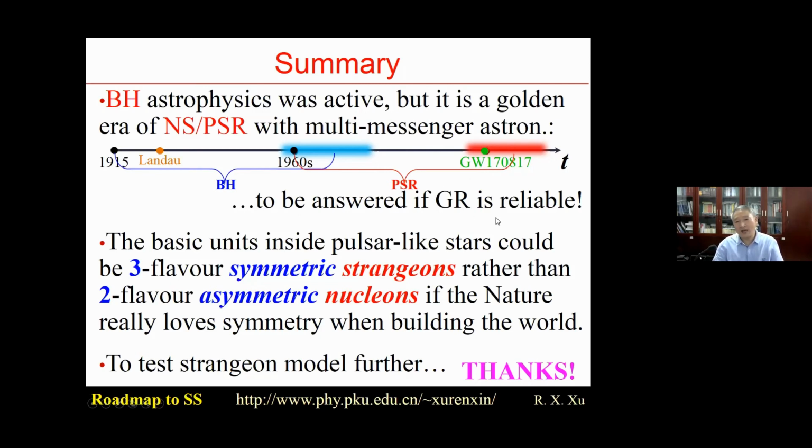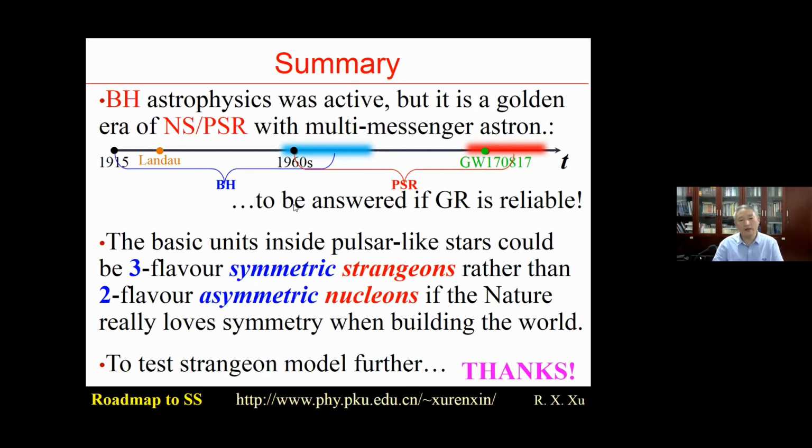If GR is reliable, then we may solve the equation of state of neutron stars. Neutron star could be a general idea, either a conventional neutron star or our strange star. So this equation of state could finally be solved just in our age.